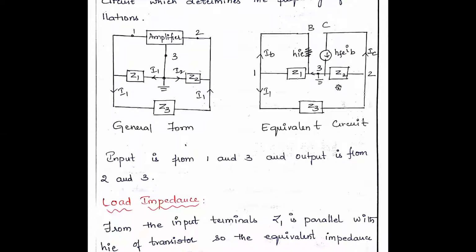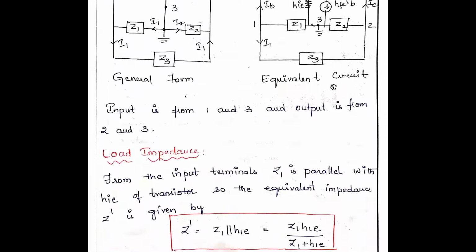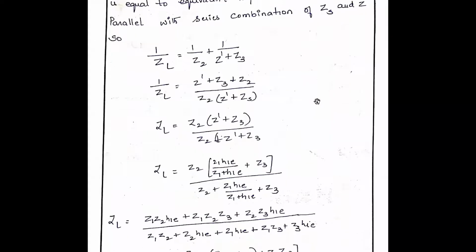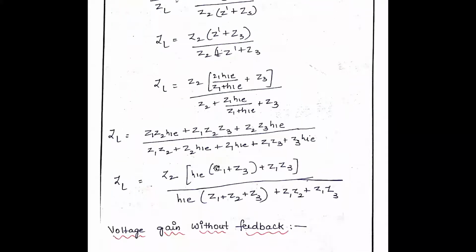Also, we will get the expression for frequency of oscillations. Anyway, the impedance at the output terminals, ZL, we got as this very lengthy expression.